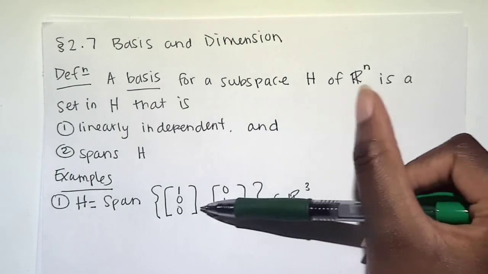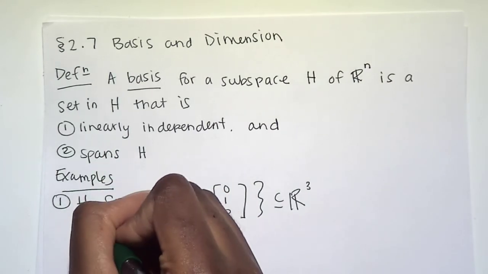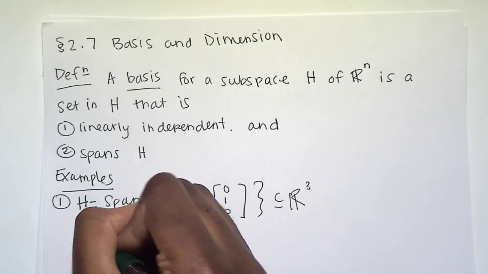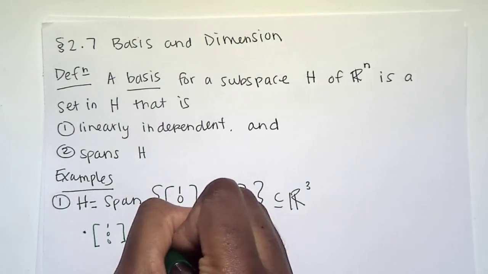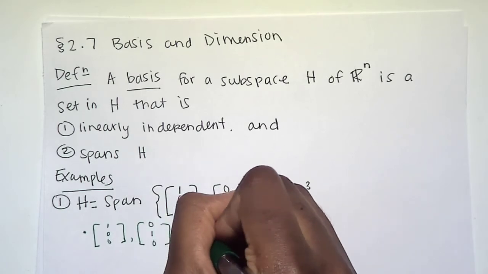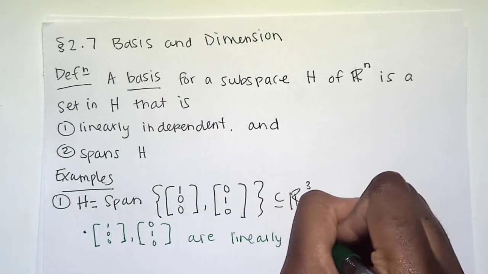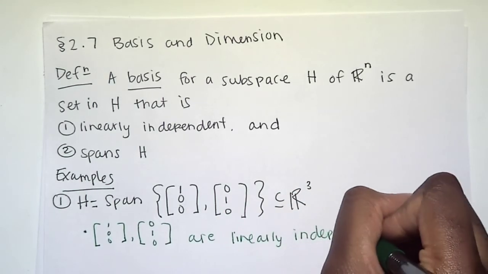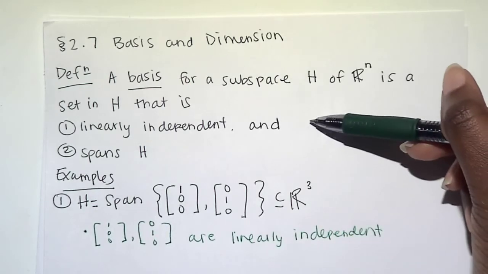Definitely. You can't write one in terms of the other. So number one, these columns, 1, 0, 0, and 0, 1, 0 are linearly independent. Great, one thing on our list.